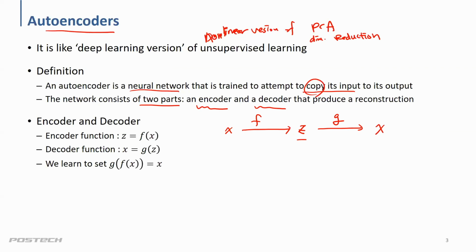Starting from X, we end up copying or duplicating another X, but in the middle we have Z, whose size is much smaller than X. So that means F will be X.